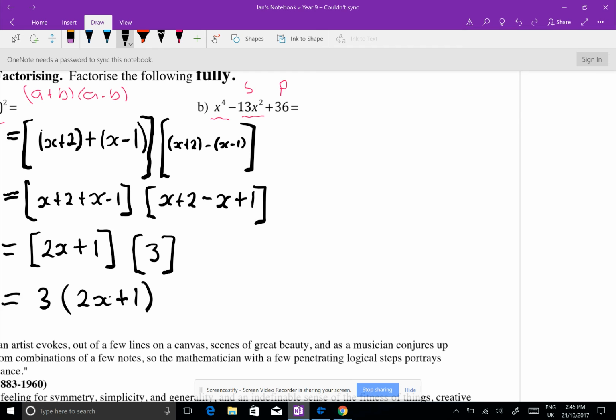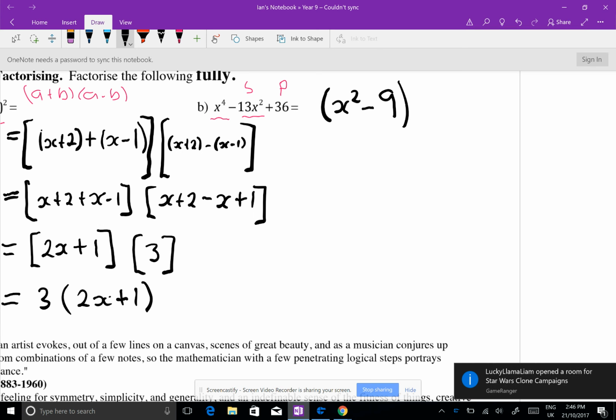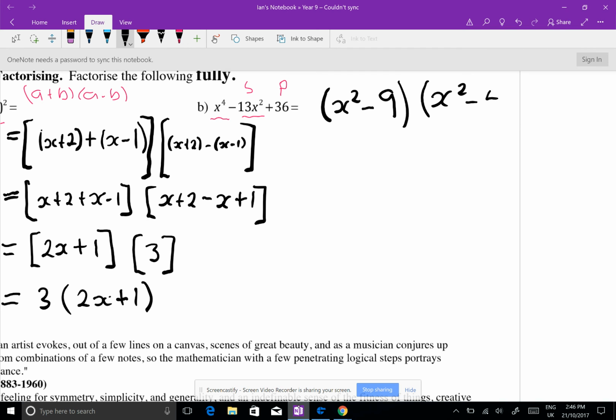Well, I think that might be 9 and 4. So x squared, because I have to take that back down 2 powers, x squared minus 9 and x squared minus 4.